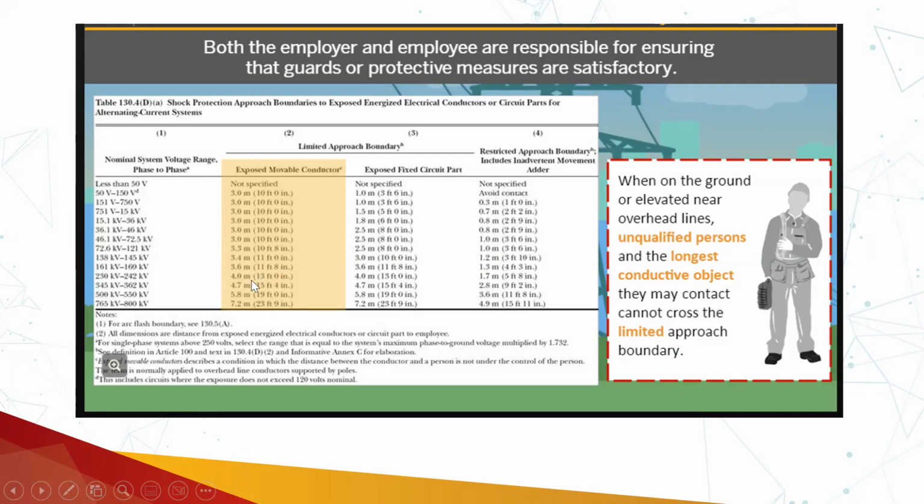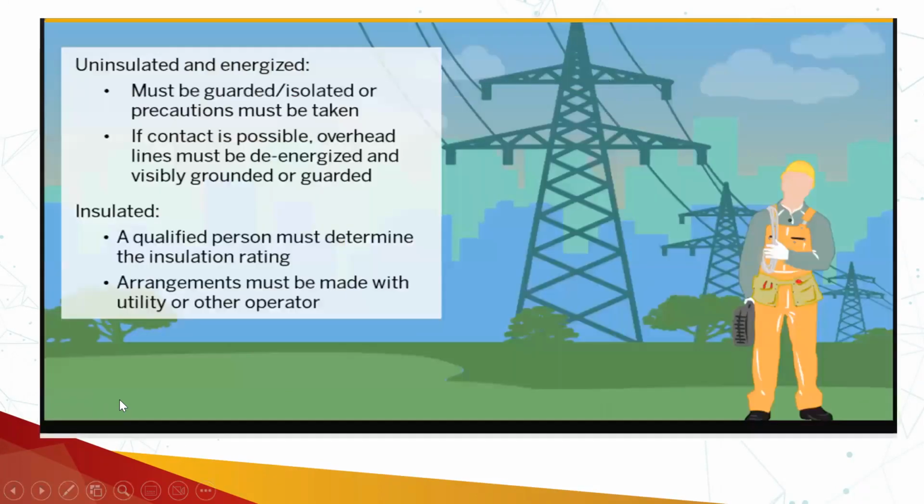Normally in other standards, it's mentioned like 10 feet. You have to keep distance, but that is for a certain voltage level. As the voltage increases, you have to adjust your distance accordingly. So Table 130.4 provides you that distance, the changing distance as per the changing voltage level. Insulated and energized lines must be guarded, insulated, or precautions must be taken.